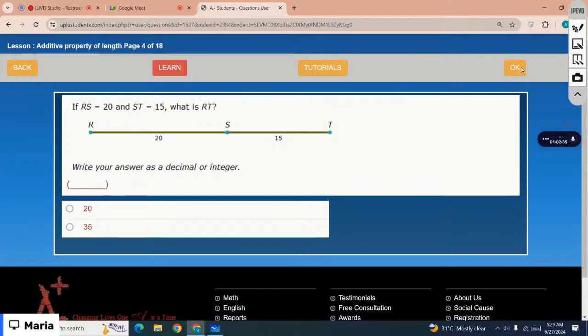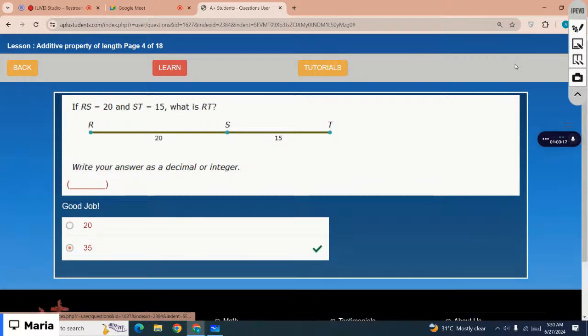If RS equals 20 and ST equals 15, what is RT, which is the correct option? The correct option is 35. Option number 2 is the correct option.